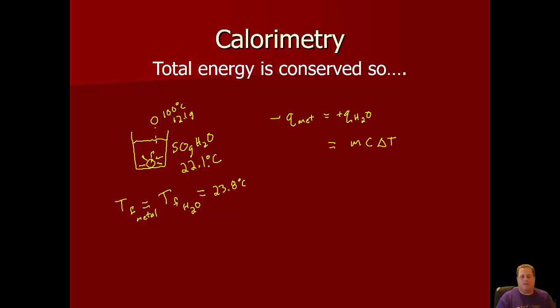We know that water has a very high specific heat and metals tend to have a very low specific heat. So we don't expect the water to change very much. We see the water only changed by 1.7 degrees, where the piece of metal changed by almost 77 degrees, 76 degrees. All right, so we know all of that.